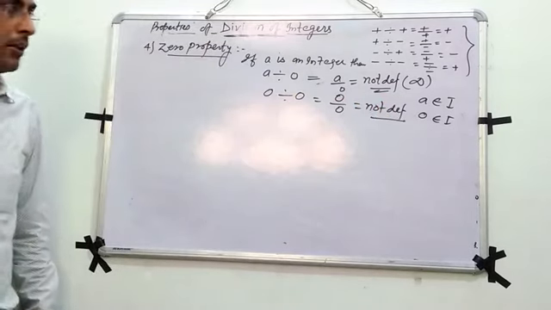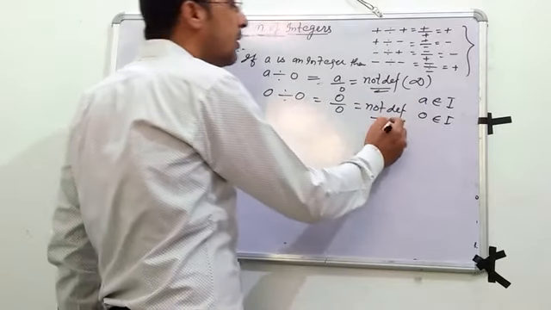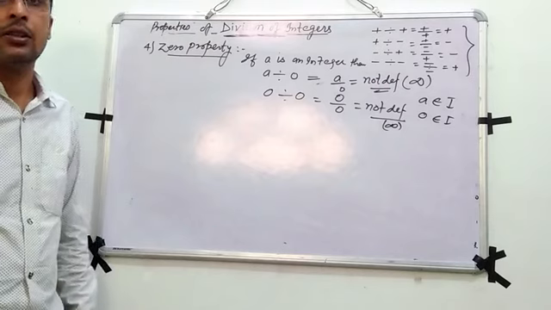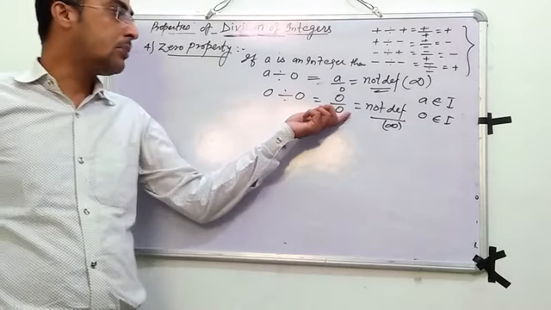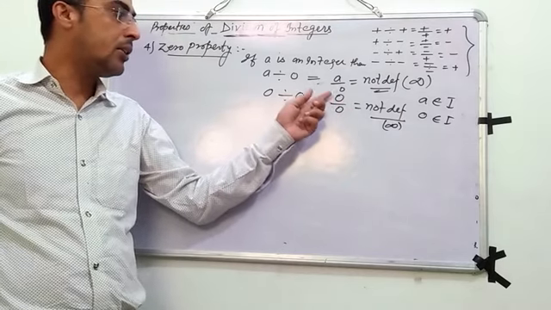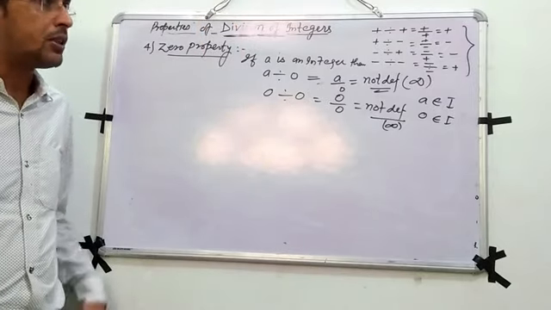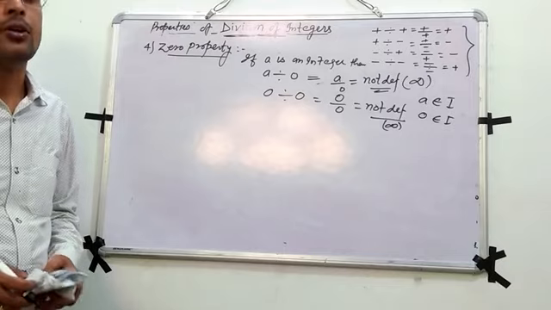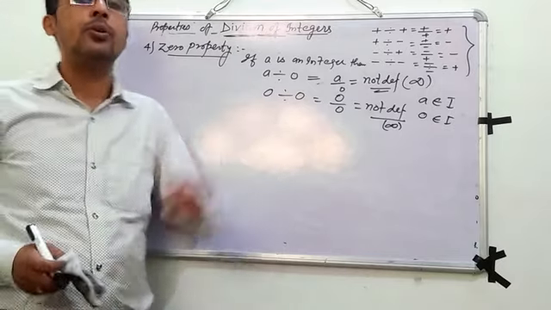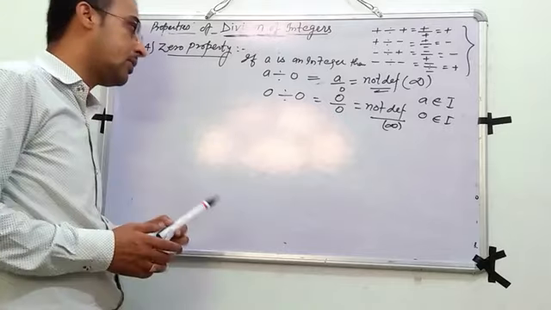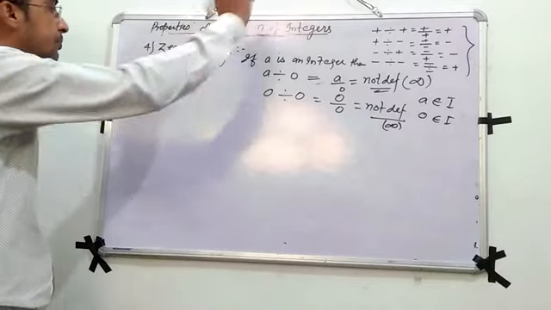Not defined means infinite. Is it clear? So in any case, if you get 0 divided by 0, you will say it is not defined. This number cannot be defined. It means infinite. This is the zero property.